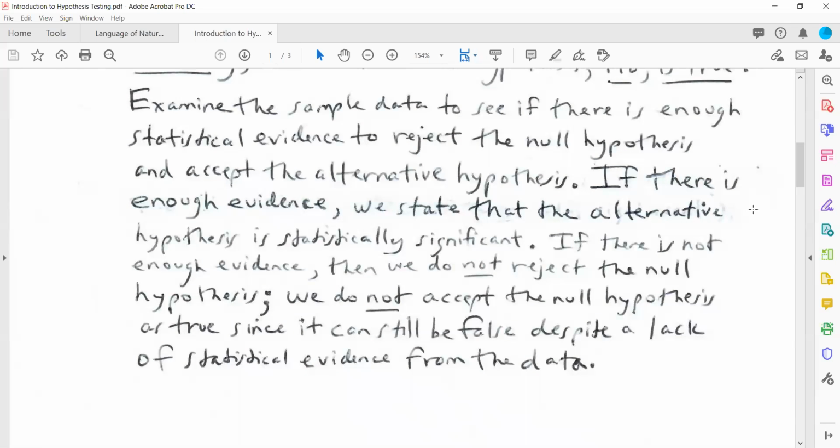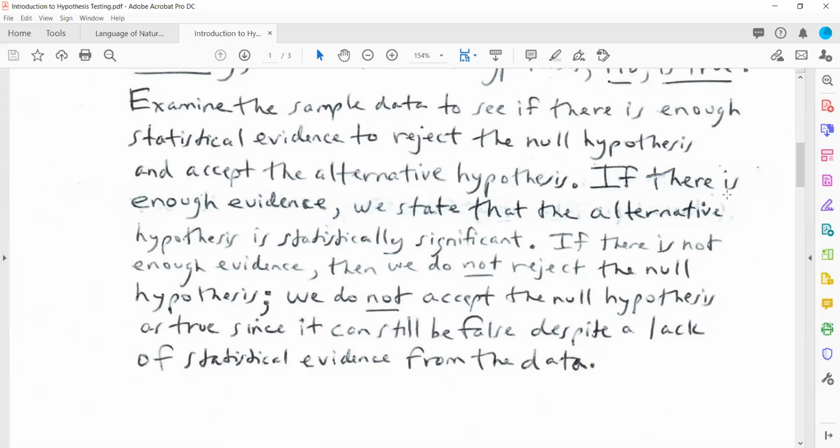Well, you may come to that conclusion, but somebody else in the class may come to a different conclusion. So we have to have some quantitative procedure which allows us to make that determination. Is the sample mean far enough away from the null hypothesis mean?